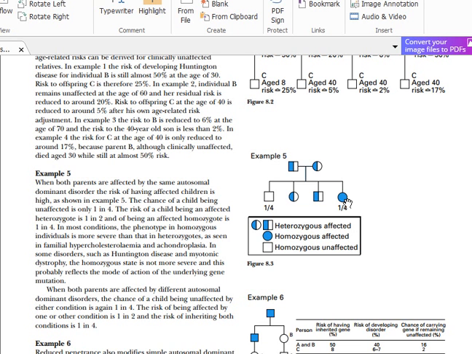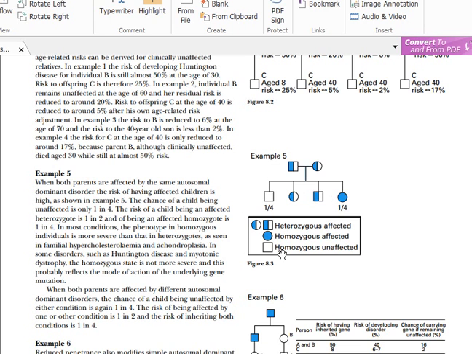Now, the probability for you to be a carrier means that you are heterozygous. Since 3 of them are affected, how many in 3 are going to be heterozygous? It is 2. So the probability for you to be a carrier and affected is 2 in 3. That is 2/3. Is it clear? So that's a simple method for you to calculate.